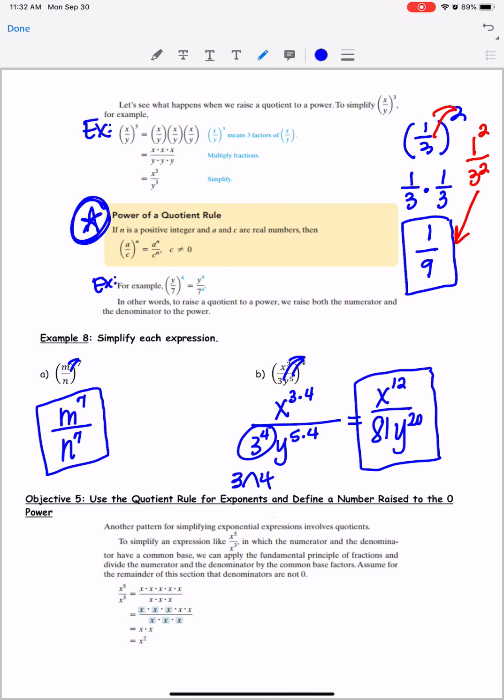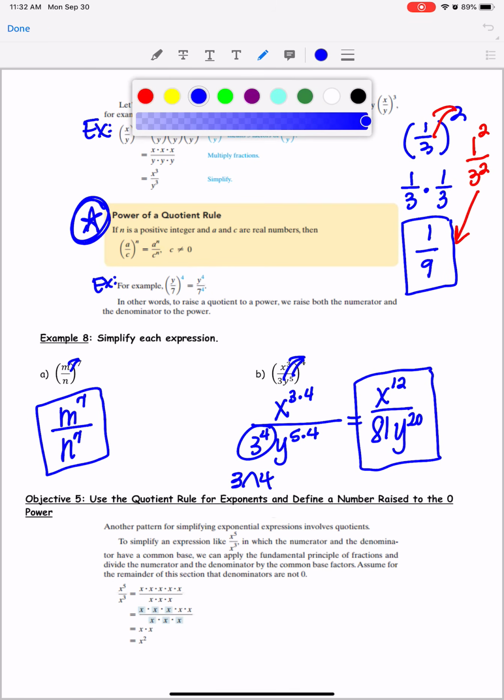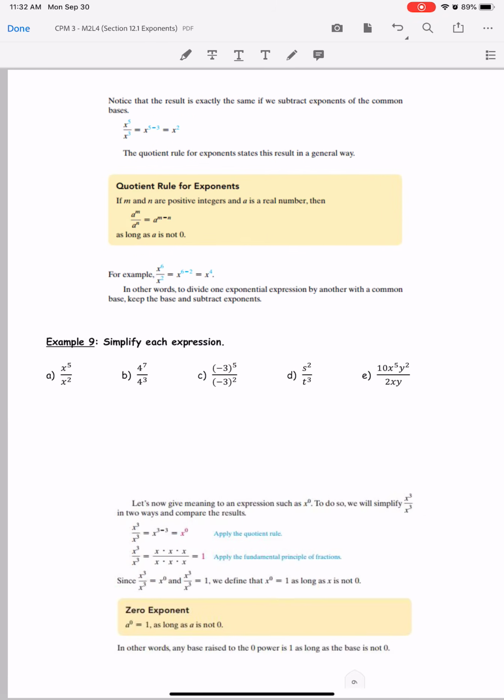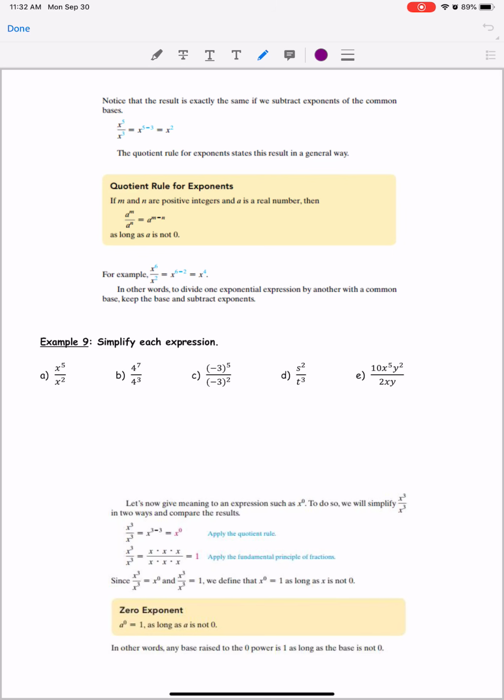We have something called a quotient rule. Here's an example of it. Okay, but I'm going to turn the page and do it on this page where we have the actual rule for a quotient.